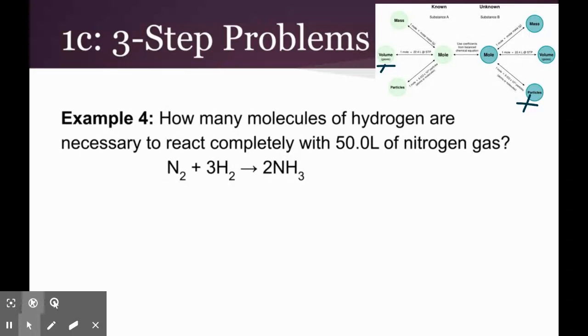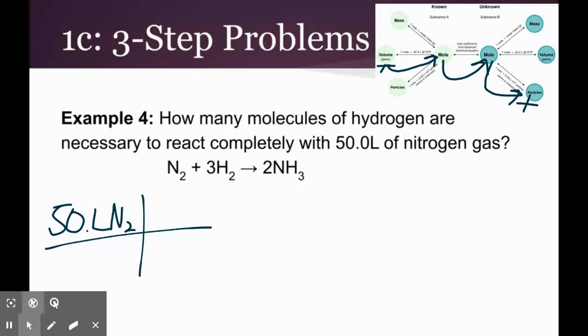So we want to go from volume of nitrogen gas to moles of nitrogen gas, moles of nitrogen gas to moles of hydrogen, then moles of hydrogen to particles of hydrogen. Okay. To go from liters to moles, we use the conversion factor that 22.4 liters of nitrogen gas is equal to 1 mole.